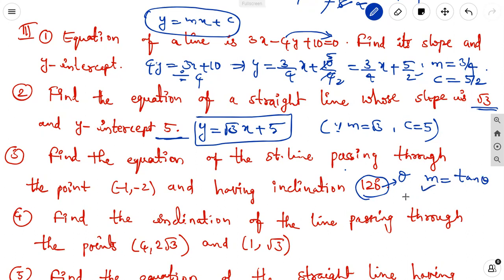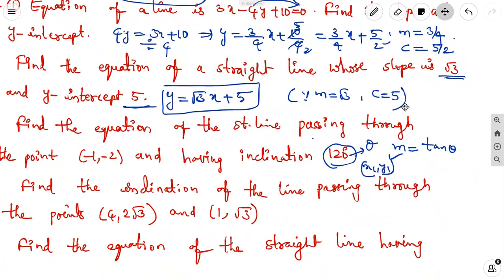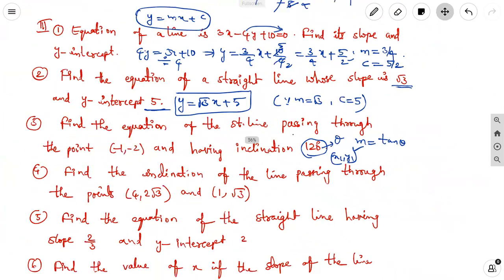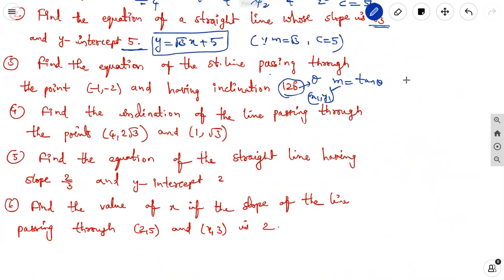If we know the slope and point x1 comma y1, the formula of the line equation is y minus y1 equal to m into x minus x1. It is the formula for knowing the slope and point.